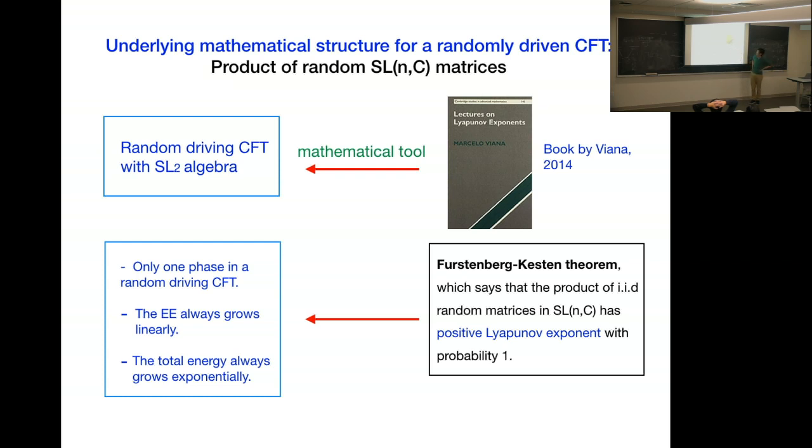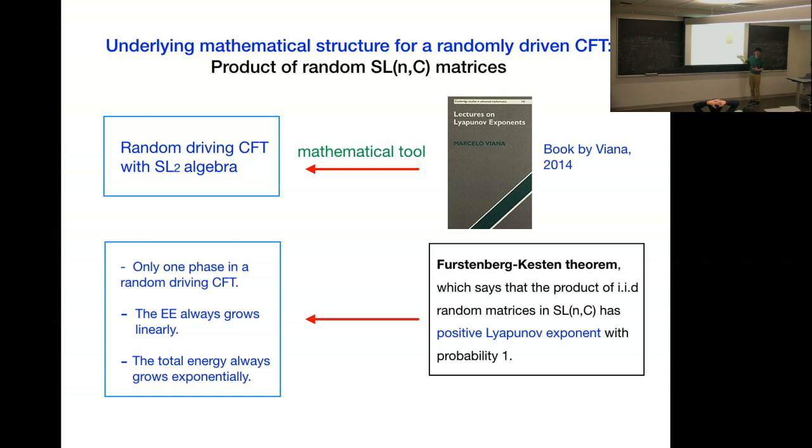What I want to mention here is this book is a mathematics book. All this book is talking about is the product of random SL(2,C) matrices. There are many interesting theorems in the book, and I found many of them can be applied to the random CFT. So I'm going through this book theorem by theorem and applying it to the random driving CFT.